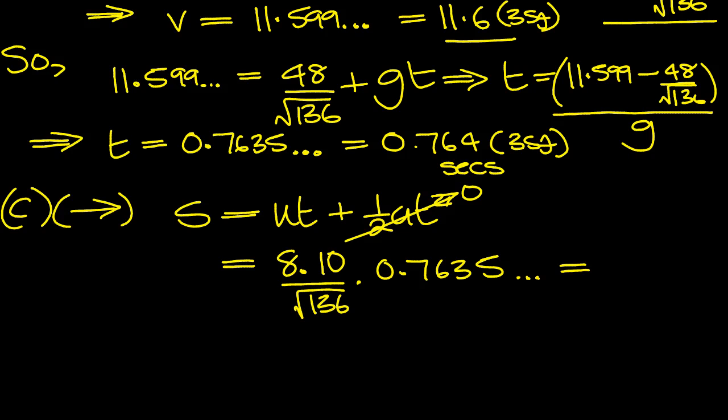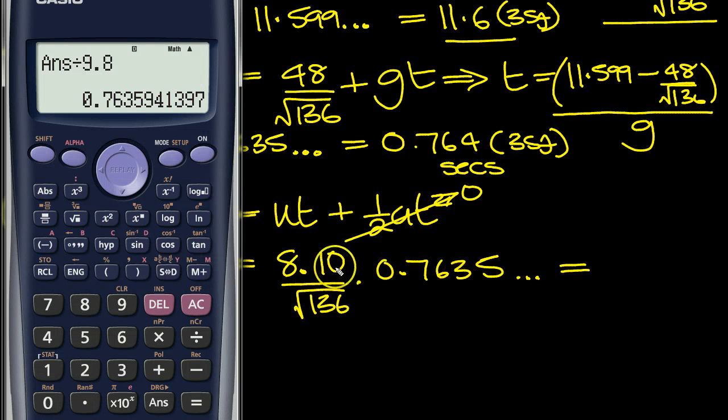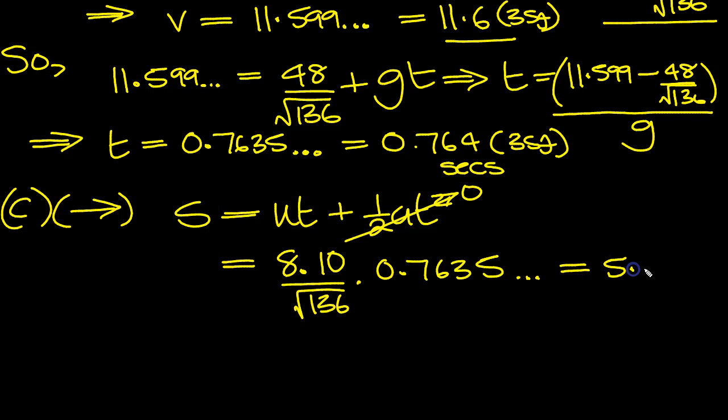This number's still in the calculator, so times by 80, divide by the square root of 136, which equals 5.238. That's how far the stone goes out from the quayside edge.